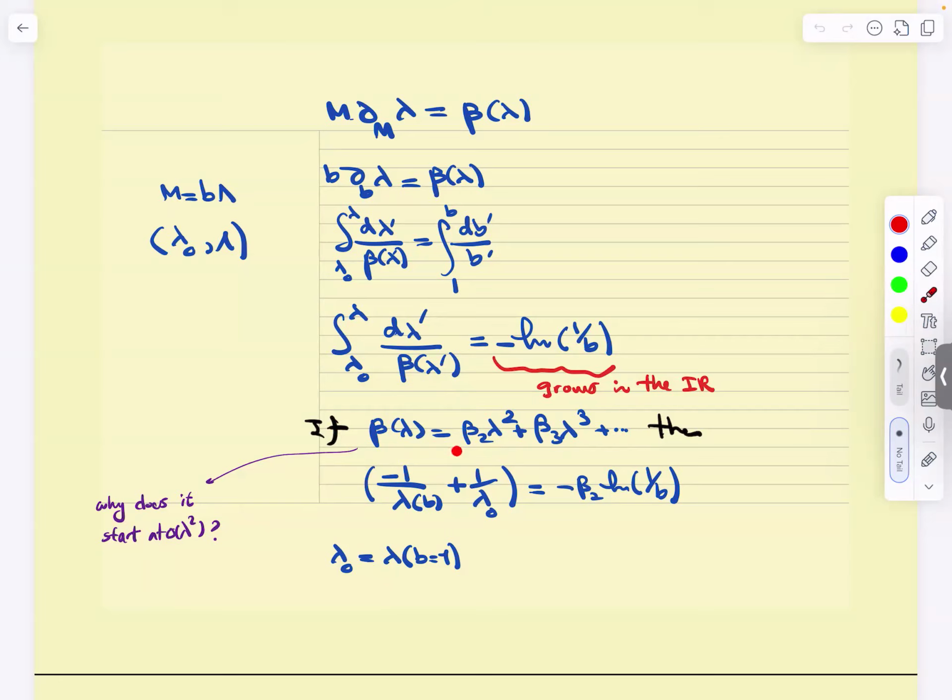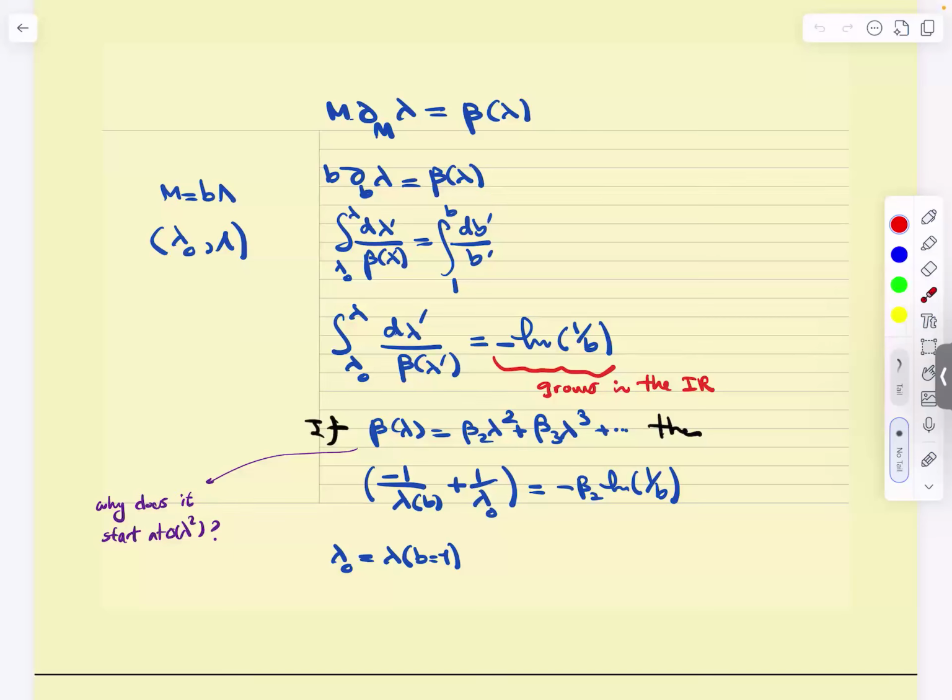Why can't there be a λ term? No, this is just general analysis. Beta of λ is an undetermined function. It could be anything.